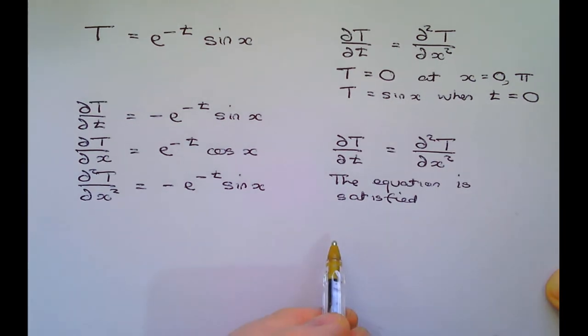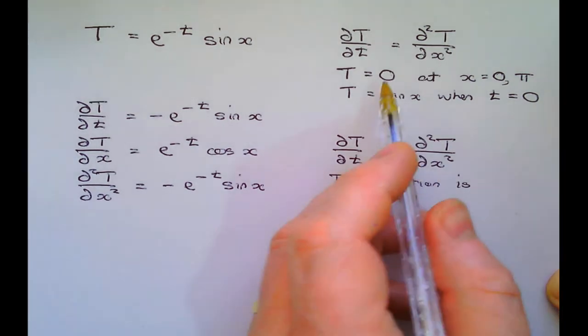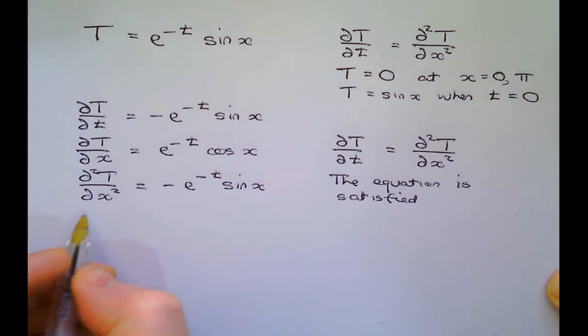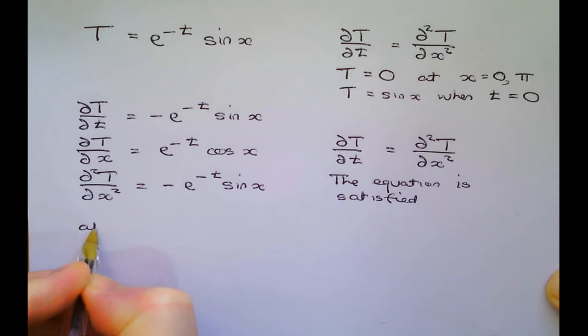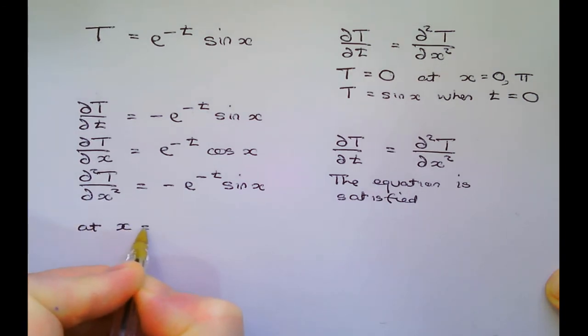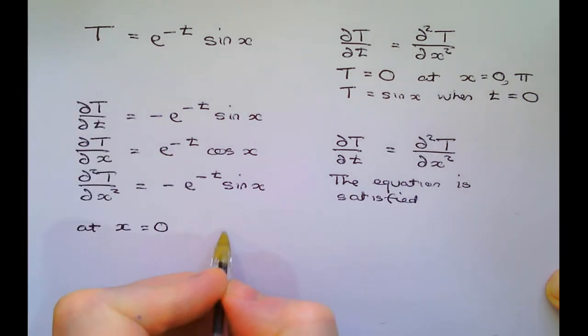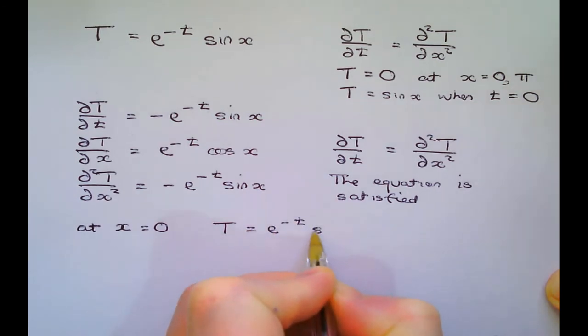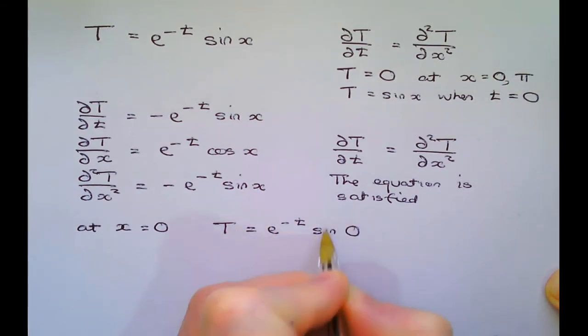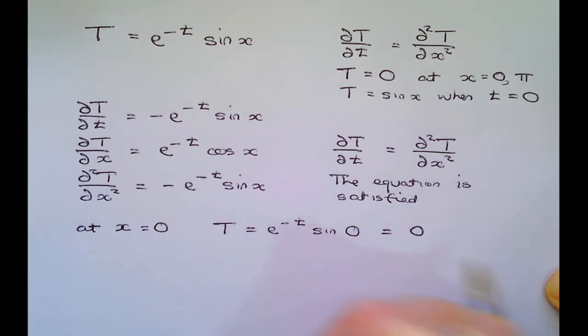Now we have the conditions, so let's see what happens. Firstly, at x equals 0, our T here will be e to the minus t times the sine of 0. Sine of 0, of course, is equal to 0.